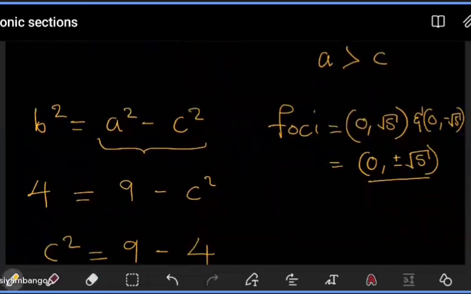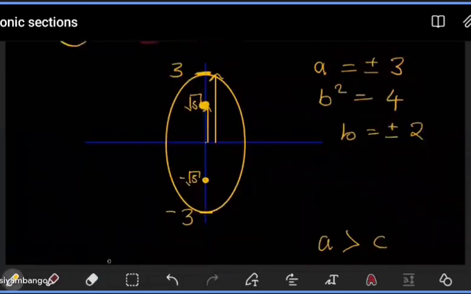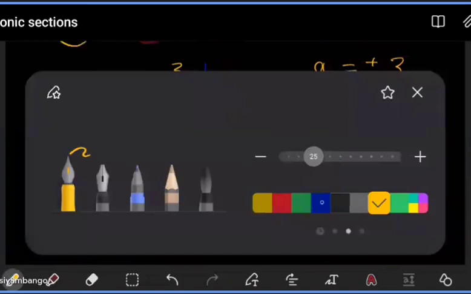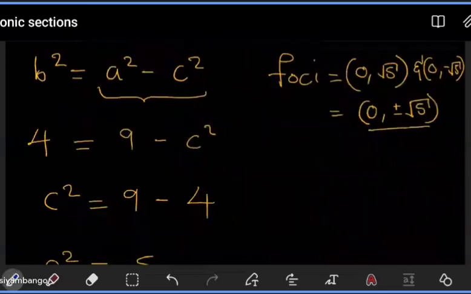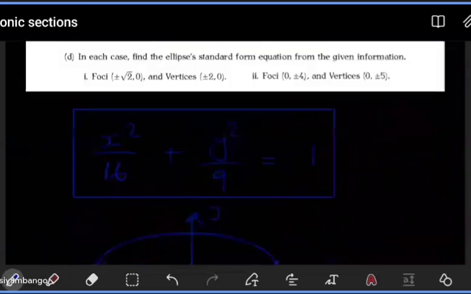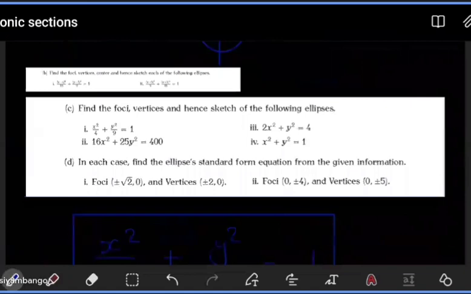Next, vertices. The vertices here are going to be this point right here and this point down here. If you check the point at the top, that is 0 on the x-axis and 3 on the y. Is there anything else they wanted us to get? It was the vertices and the foci.